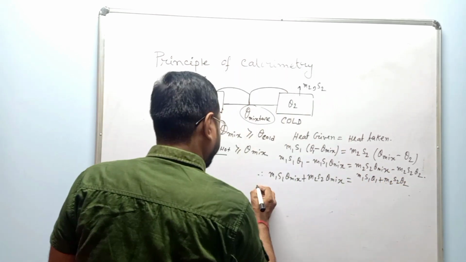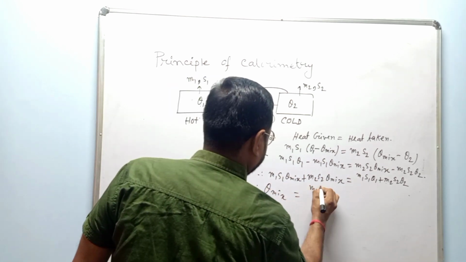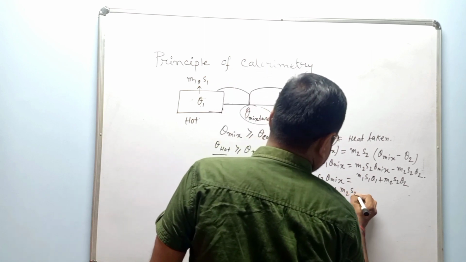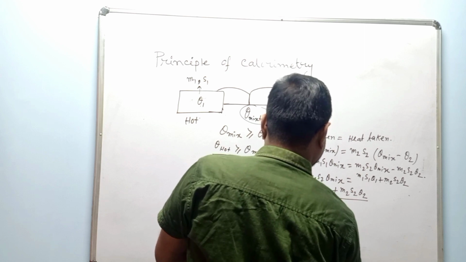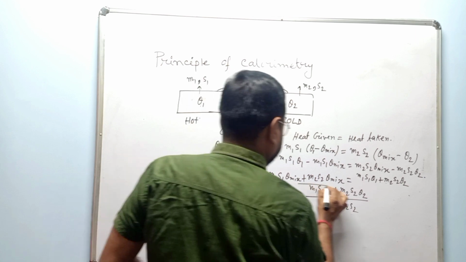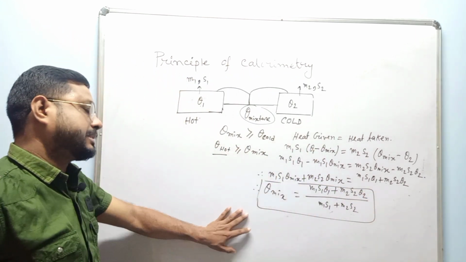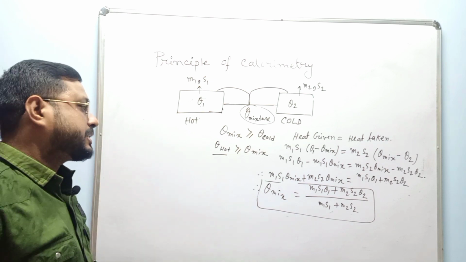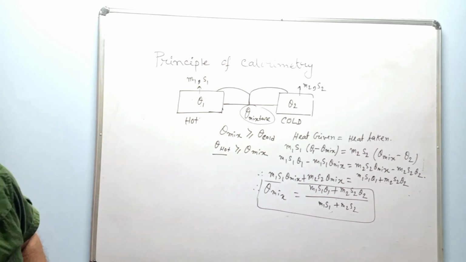So theta mix equals (m1 s1 theta 1 plus m2 s2 theta 2) divided by (m1 s1 plus m2 s2). This is a very important formula for doing numericals in the upcoming NEET or JEE exam. You can do numericals directly from this equation. This is a very easy chapter but a very important chapter.